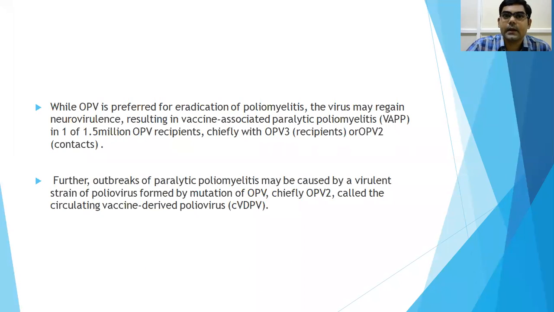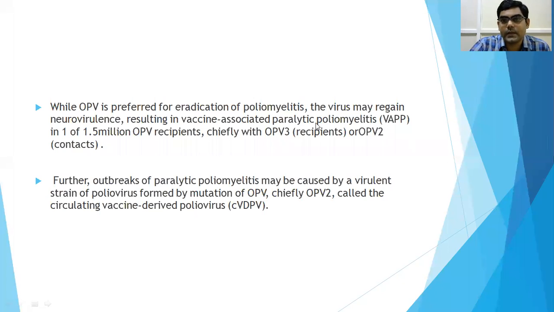But there are some limitations of this vaccine. While OPV is preferred for eradication of poliomyelitis, the virus may retain neurovirulence, resulting in vaccine-associated paralytic poliomyelitis. That is, one in 1.5 million OPV recipients, meaning children, will get this VAPP.